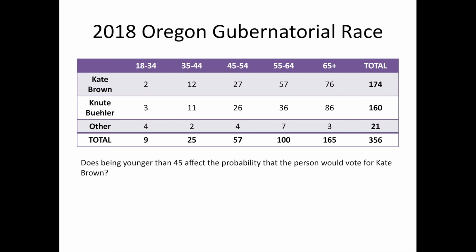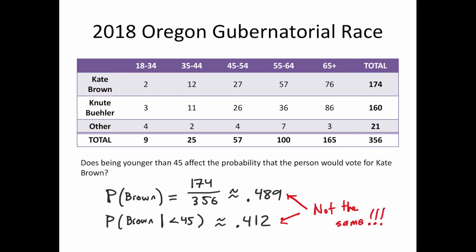Let's compare the probability a random person in the sample would vote for Kate Brown versus a conditioned probability based on their age. So what I calculated first here is the probability that a randomly selected subject would vote for Kate Brown. Since this is out of everyone, this is 174 out of 356, or approximately 49%.